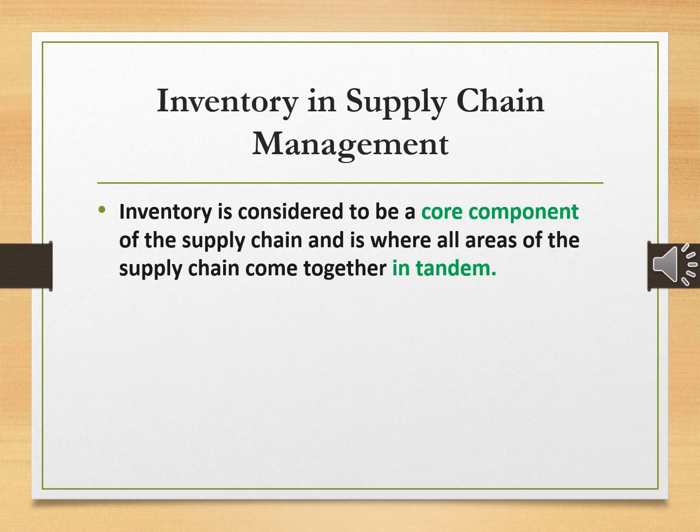After explaining inventory in supply chain management, the role of inventory is that it is considered the core component of the supply chain, like I explained in the previous slide, and it is where all areas of the supply chain come together in tandem. So basically our supply chain management is based on our inventory management.